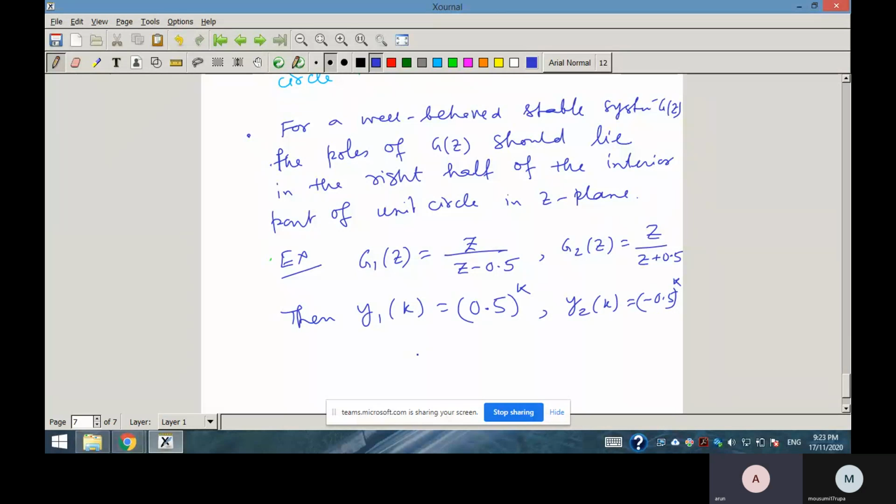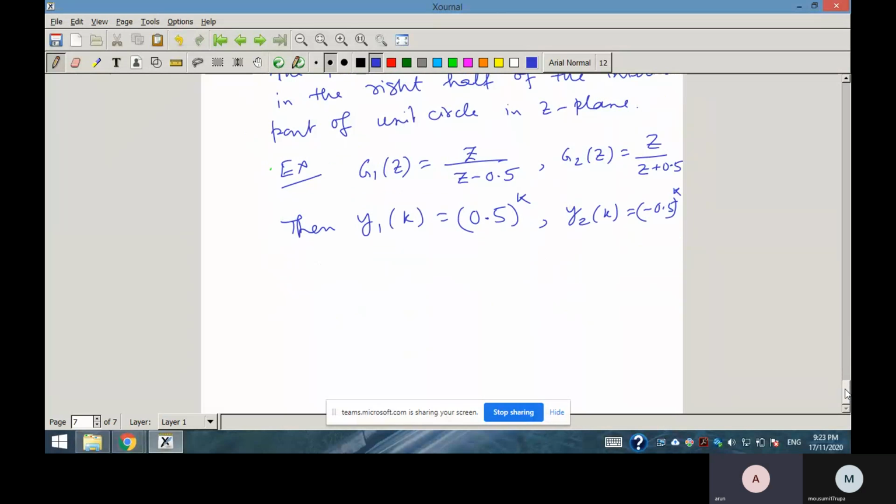So if you take the response, what will be the response of y1 and what will be the response of y2? So this is your y1(k) and this is your y2(k). How will it look? y1(k) will be, suppose k equal to 0, it is 1, and then k equal to 1 means 0.5.